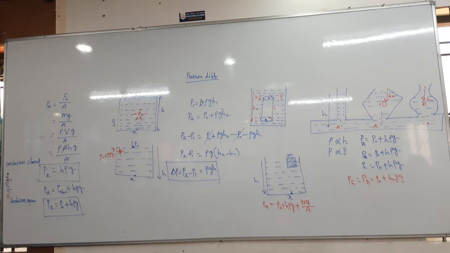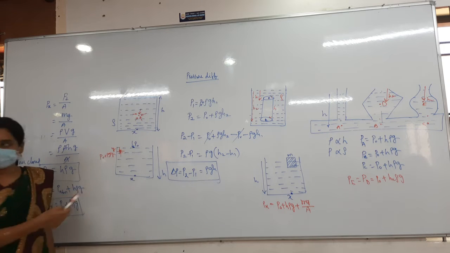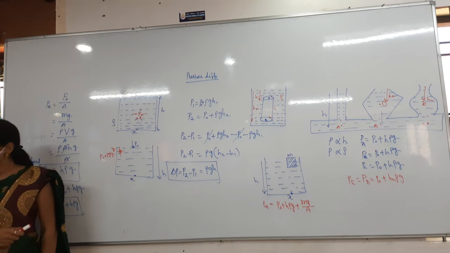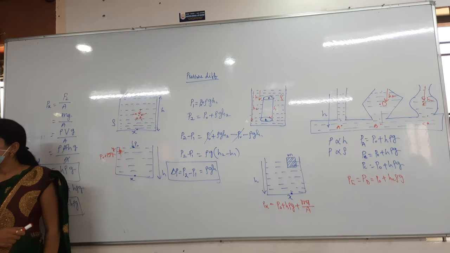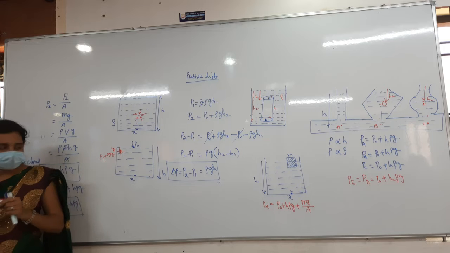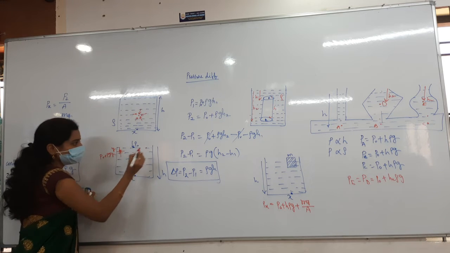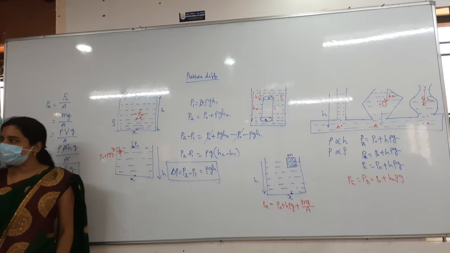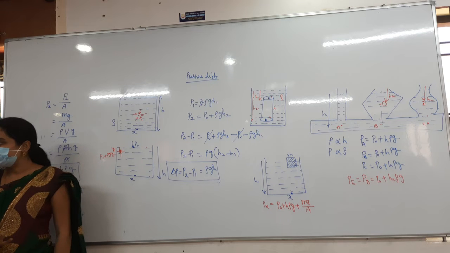At the top surface, the pressure will be P naught only. Here, you are taking only from the top, you have to take the perpendicular force divided by area only.